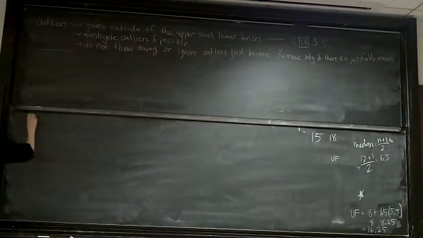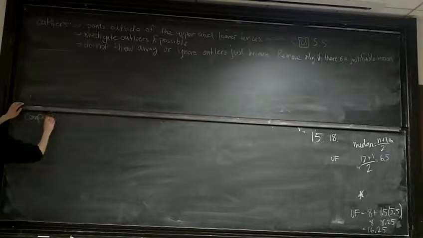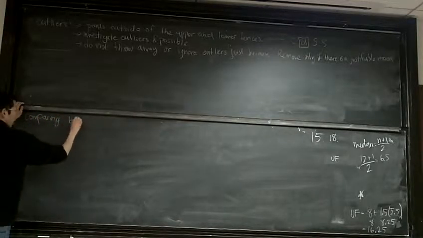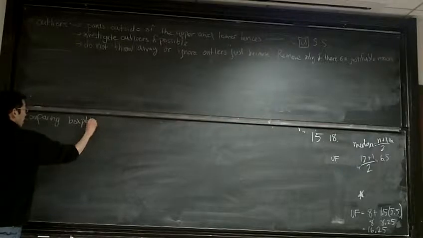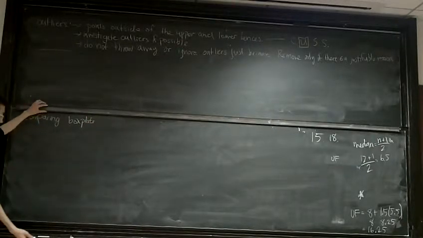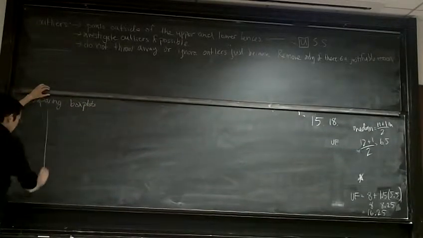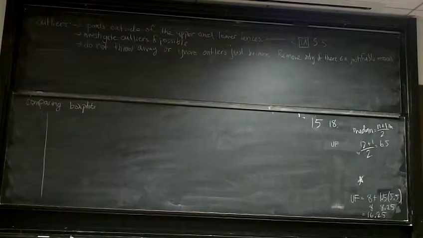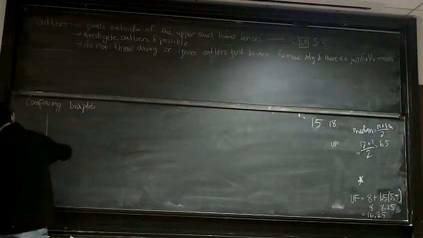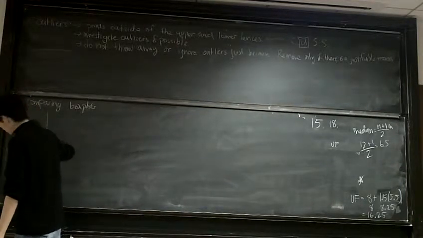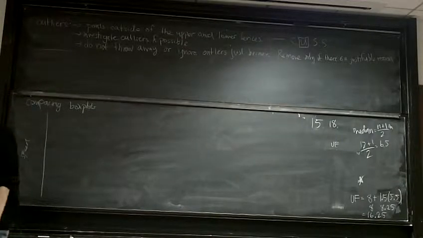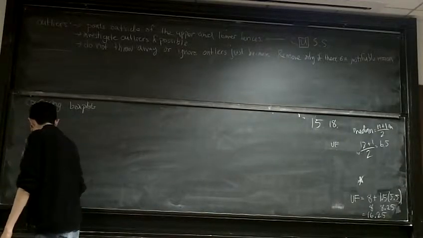So let's have a comparing box plots. So these box plots we will draw vertically, and these are on roller coaster speeds.